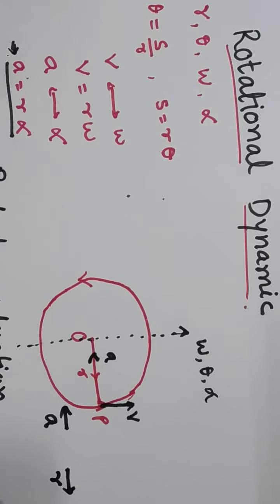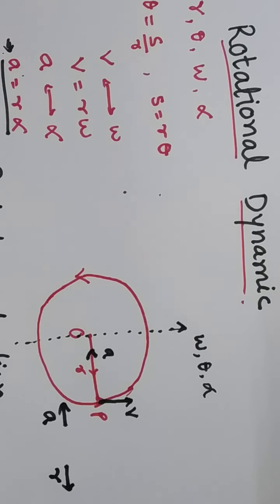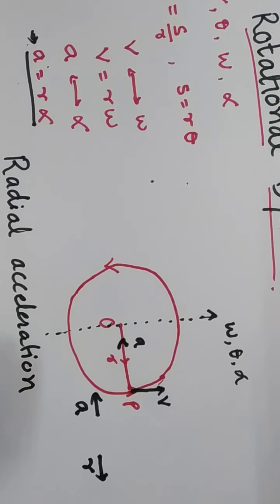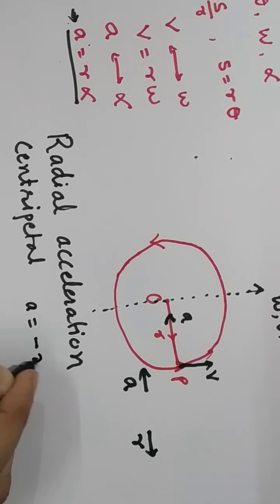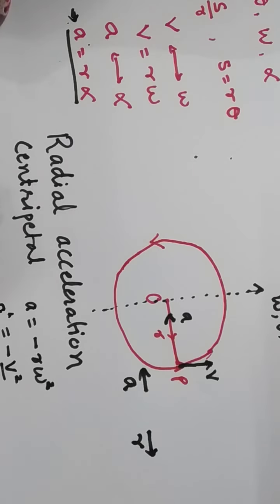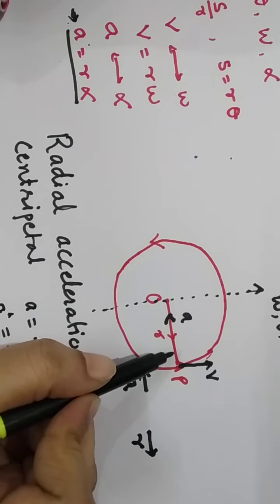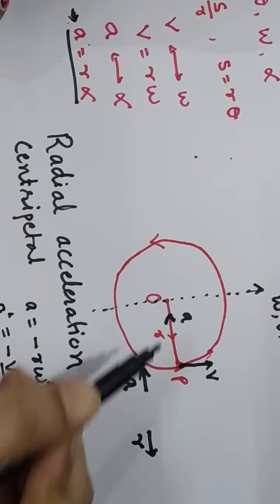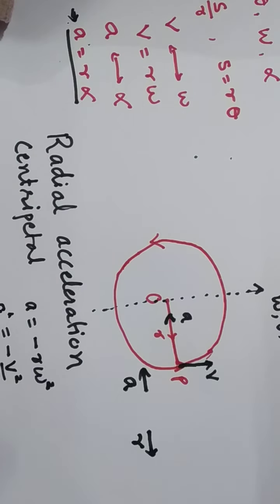That is why the formula of radial acceleration is a is equal to minus r omega square, or it is also equal to minus v square upon r. This we have discussed in the last lecture. So the acceleration is called centripetal. The meaning of centripetal is nothing but towards the center. So obviously this acceleration is directed towards the center of the circle, so it is called centripetal acceleration.